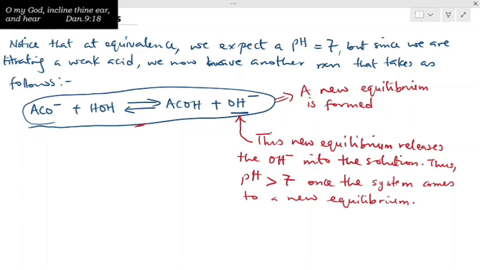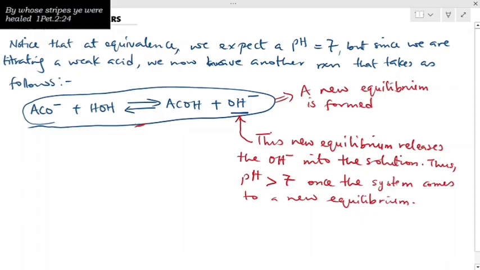A new equilibrium. And this happens instantaneously. We don't see it, but it's happening, converting the acid to acetate, and the acetate reacting with the water to form acetic acid again, and what? OH minus, that eventually increases the basicity of the solution.